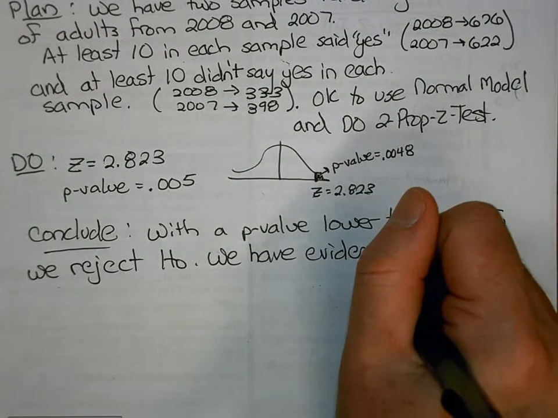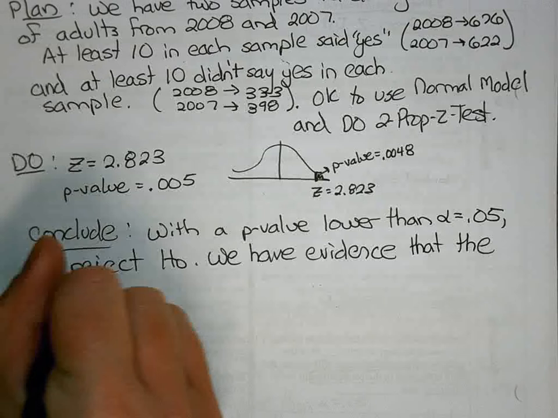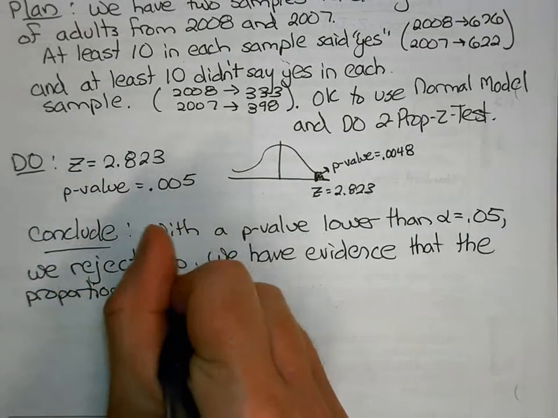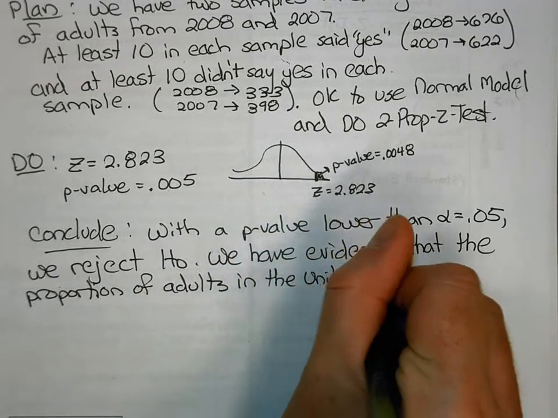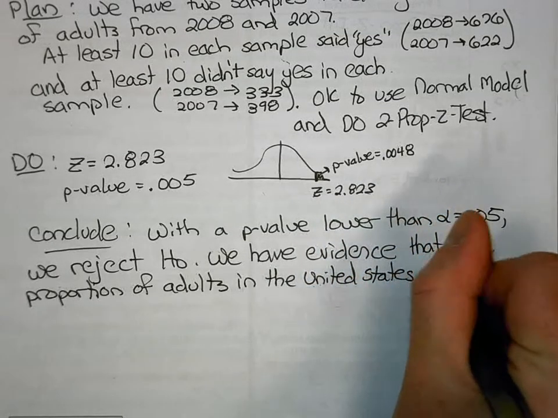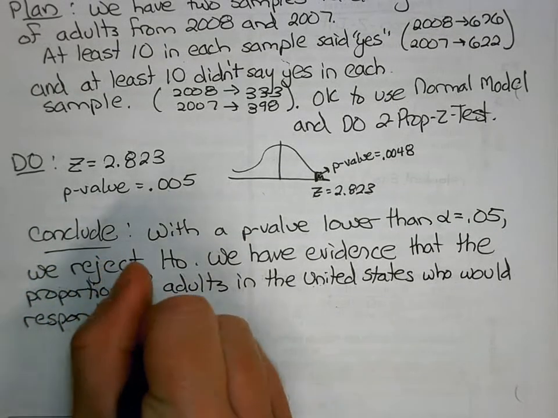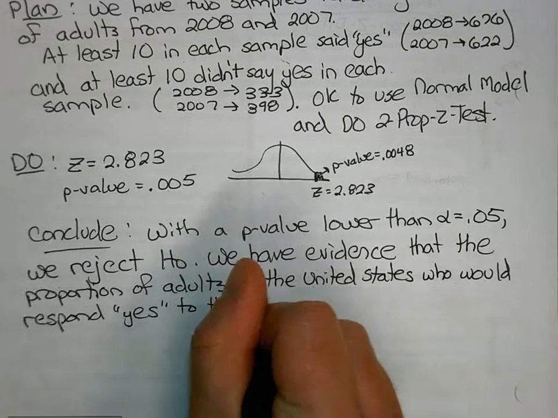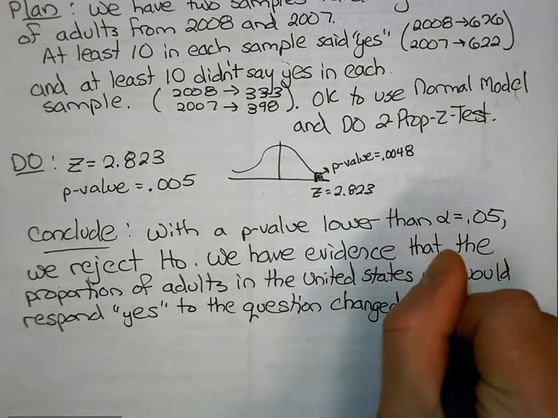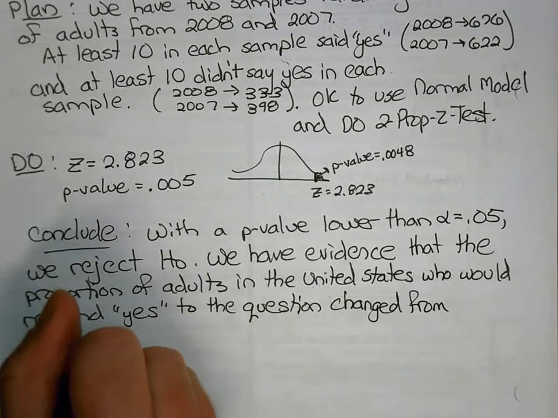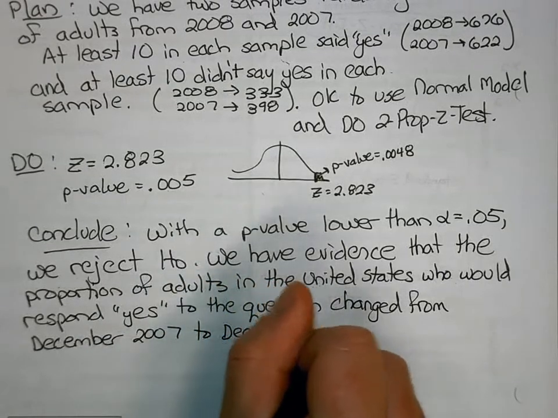So we have evidence that the proportion of adults in the United States who would respond yes to the question changed from December 2007 to December 2008.